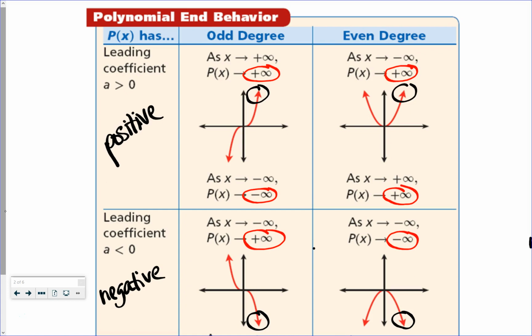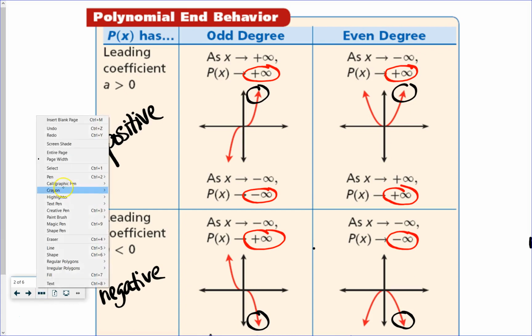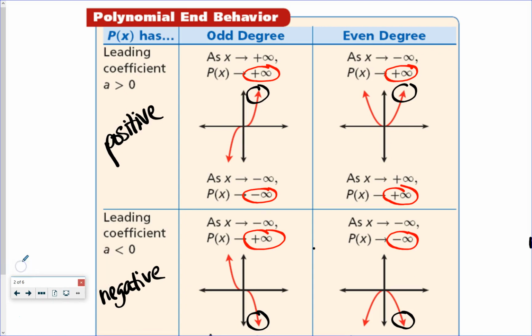I don't think that piece is written in your chart. I would write that on the ends of your graphs for yours. I'll do it in blue. So I would put that on here. Like this is negative, this is positive. These are both positive. Start positive and end negative. These are both negative.